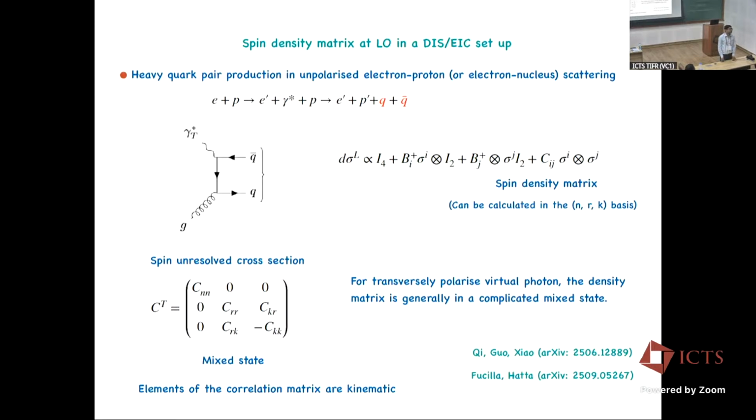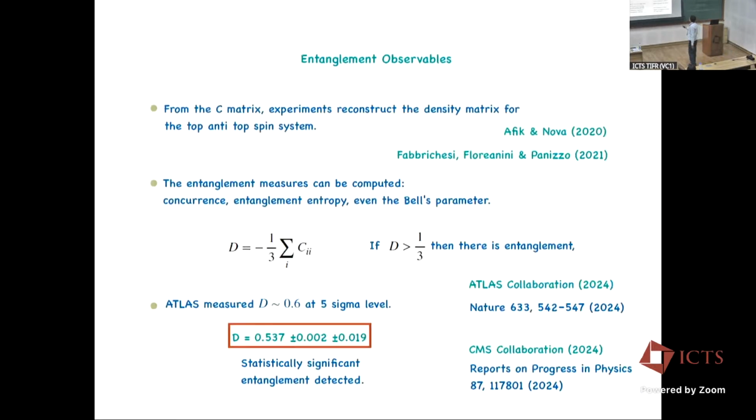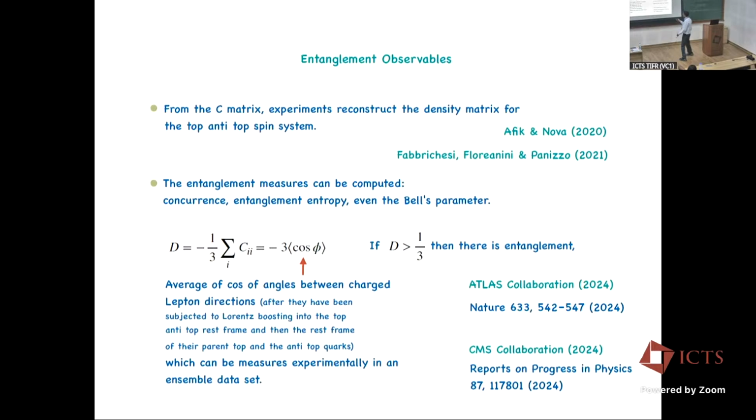I just want to make one more comment that this is very subtle, because even if spin correlations are there, for example CMS got a number which is less than 0.1. So they have spin correlations, but they can't claim that it is of quantum origin.